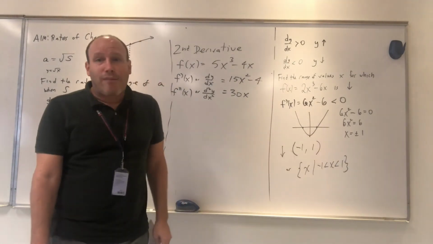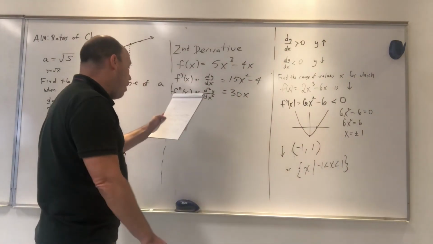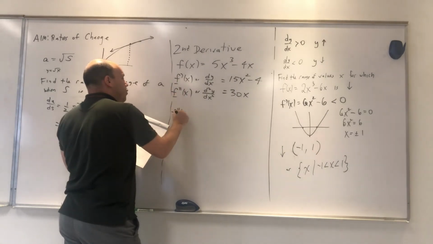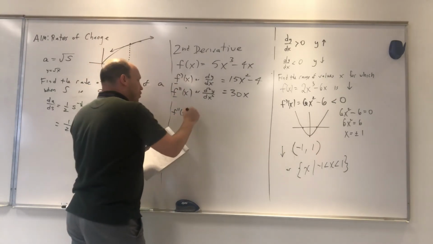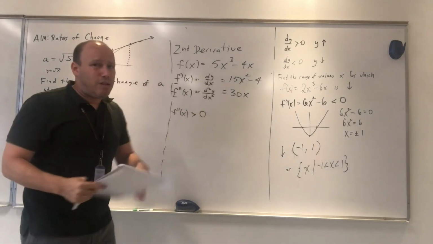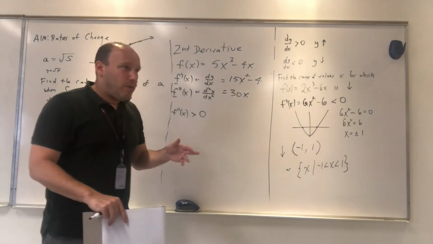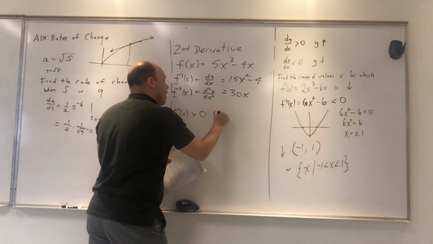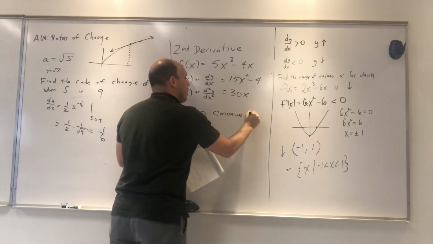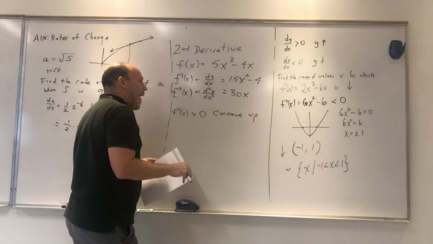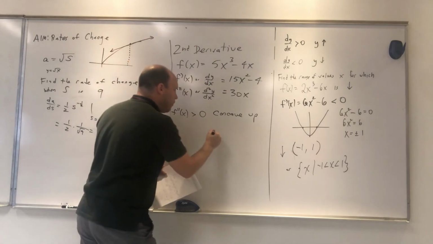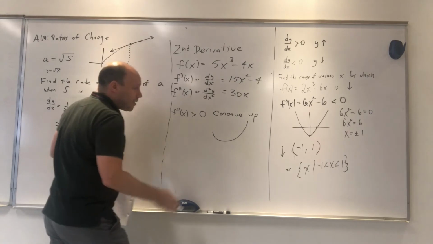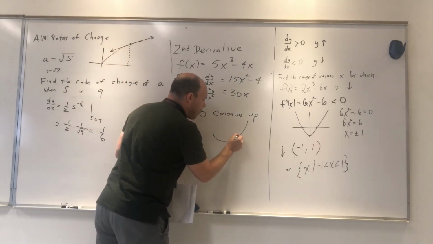Let me summarize that for you, and you can take notes. Let's just use these symbols. If the second derivative is greater than 0, we say it's concave up, right? And the idea is that the curve looks something like this. Even more importantly, the surfboard is underneath the curve.